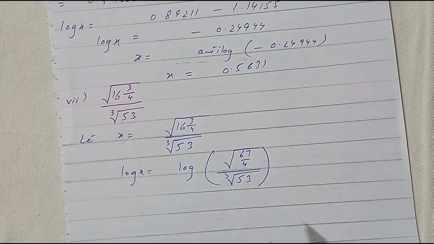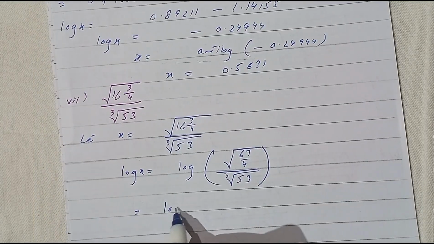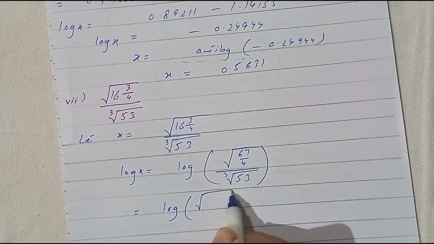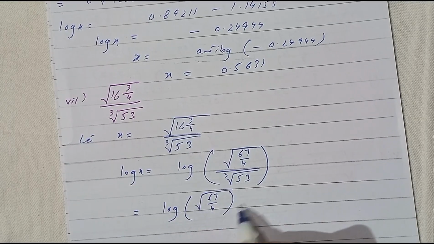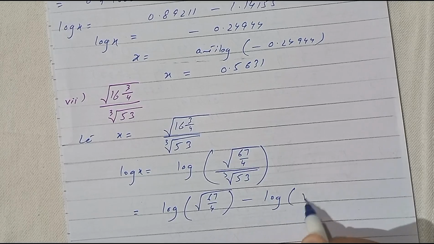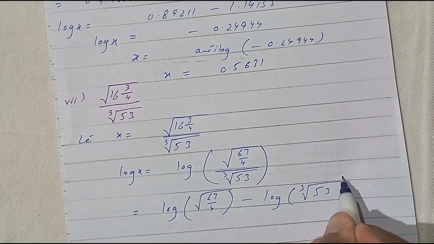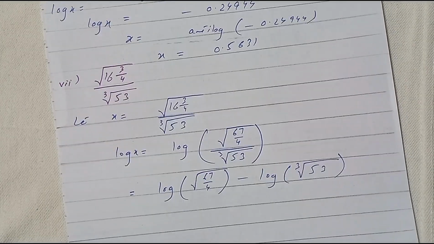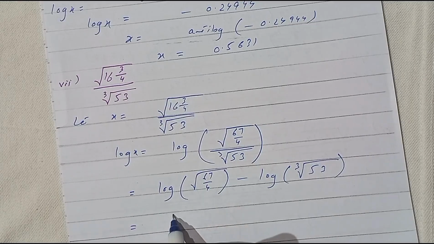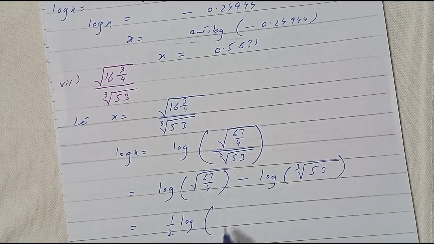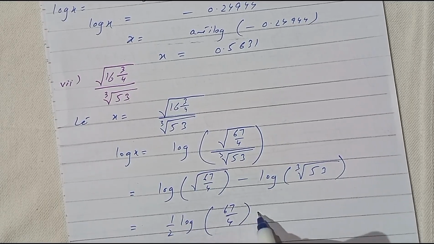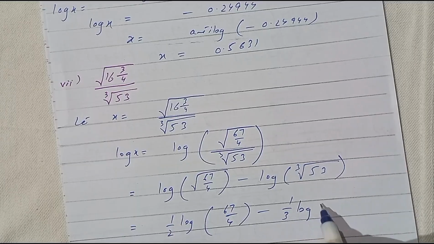So applying the quotient law of log, it becomes log of 67 by 4 minus log of cube root of 53. Applying the power law of log, the power comes at first: 1 by 2 log of 67 by 4 minus 1 by 3 log of 53.